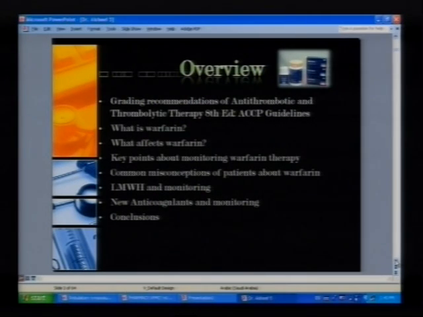What is warfarin? Quickly, what affects warfarin? Key points about monitoring warfarin therapy, common misconceptions of patients about warfarin, low molecular weight heparin, and new anticoagulants and their monitoring. At the end will be the conclusion.